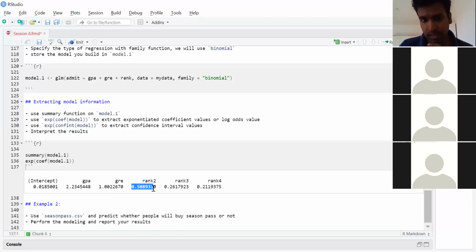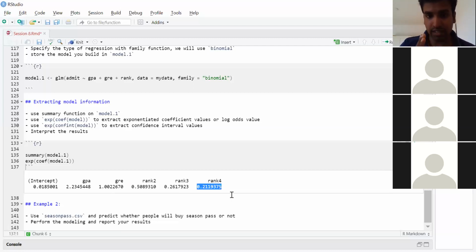Rank, if you're in a rank 2 college, basically you are having a negative outcome, right? And if you're in a rank 3 college, still negative. And then if you're in rank 4, the probability of getting an admit in the college that you applied to is negative, because this is less than 1.